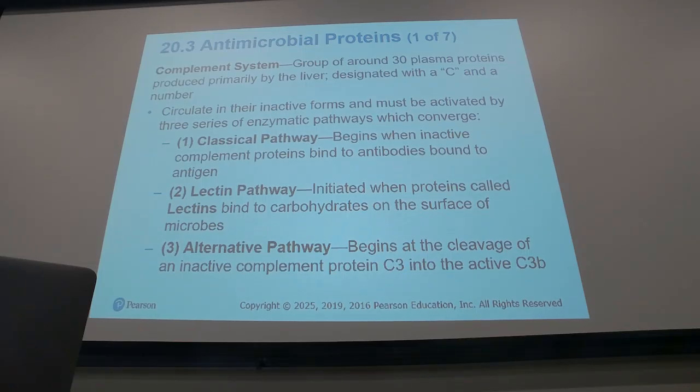There are around 30 proteins in total, and they can become active and be part of three pathways. One is called the classical pathway, which starts with the binding of antibodies to a particular antigen.